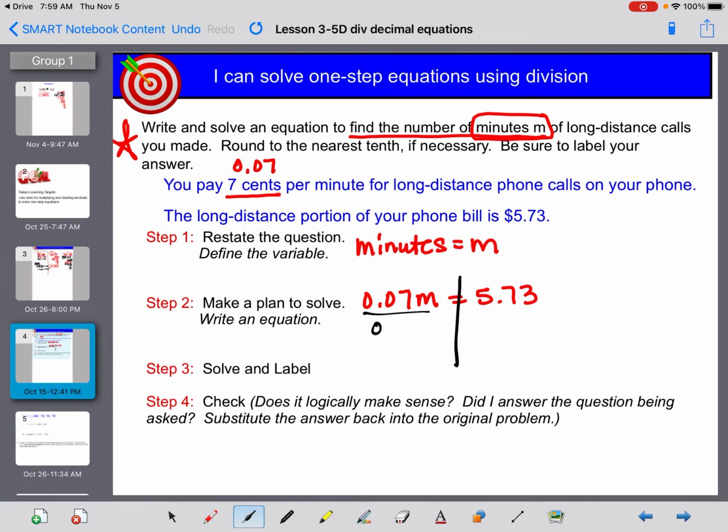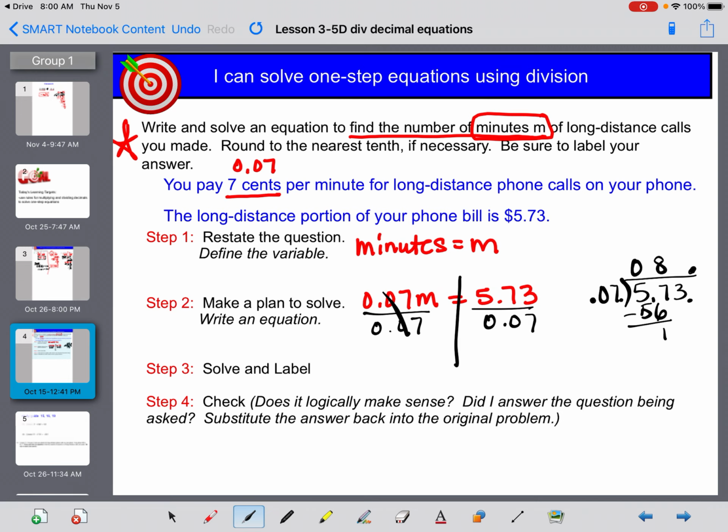I divide both sides by 7 cents. Then I need to do a side problem. 5.73 divided by 0.07. I can't have a decimal in my divisor, so I move it 2 places right in both numbers. 7 goes into 5, it doesn't. 7 goes into 57, 8 times.